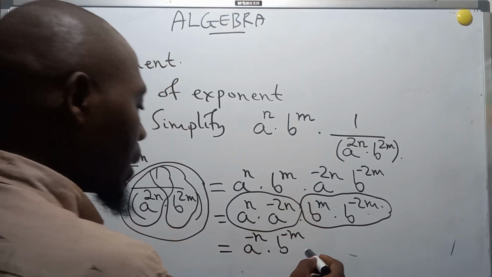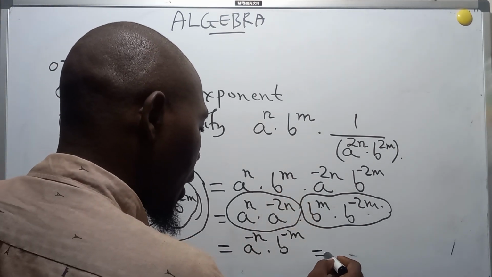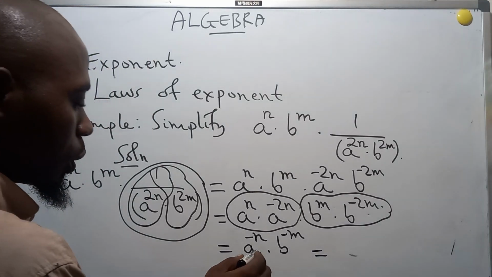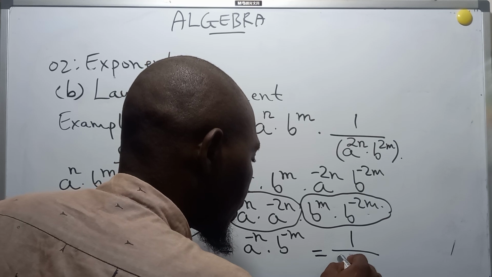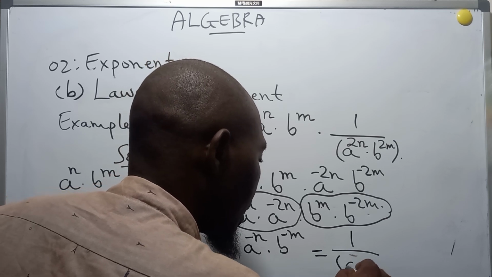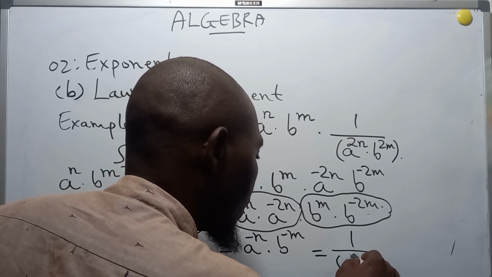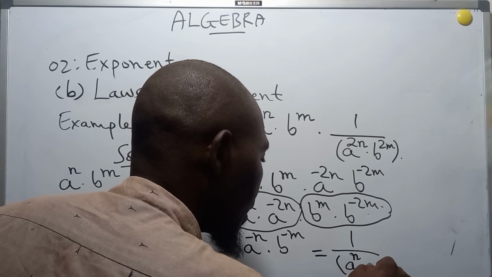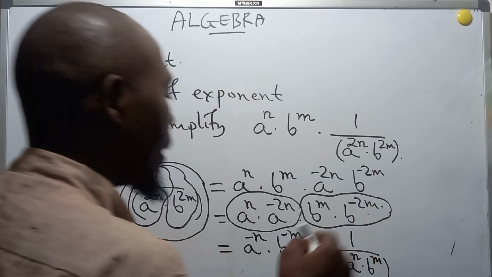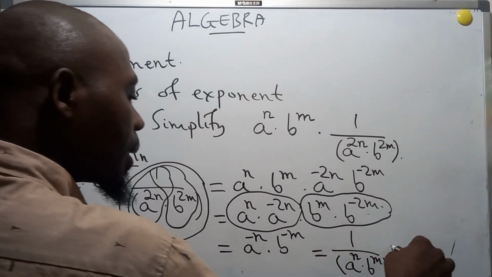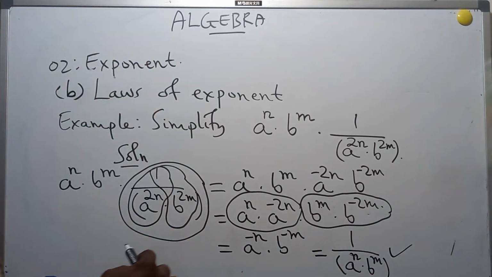This is the answer as well. With the help of the reciprocal law, you can write this as 1 over, in brackets, a raised to the power of n times b raised to the power of m. As well, this is the correct answer.